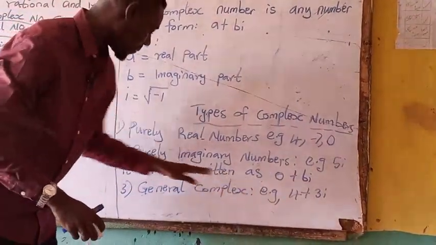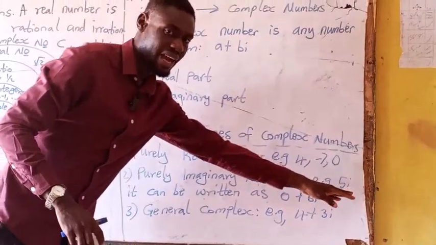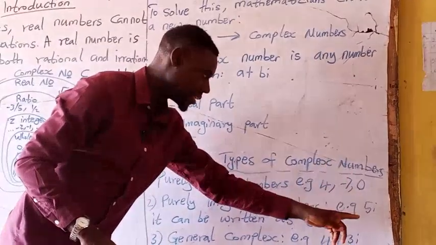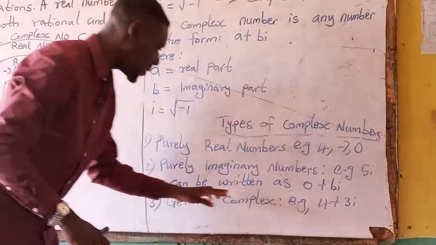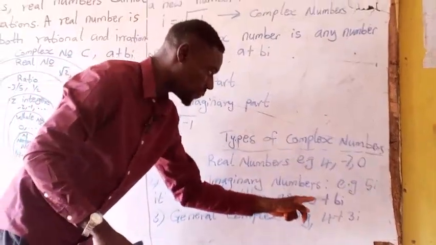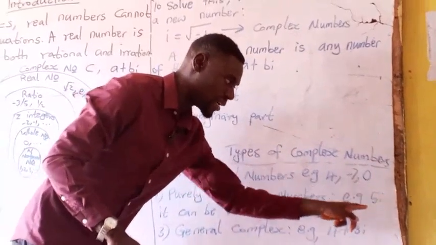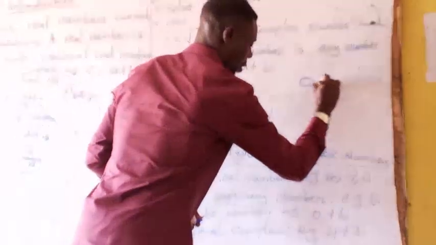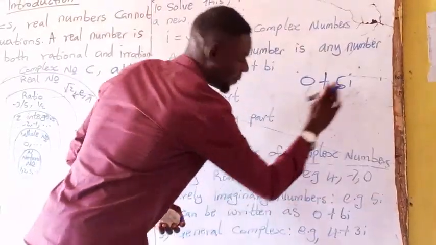And remember, this 5i you see here, it doesn't mean just 5i that is here. The real number here is 0. That is why this 5i is just there. For instance, it can be written as this. Remember, the real number there is 0 plus only the imaginary number. So I can even write it as 0 plus 5i. This and this, they are the same thing.